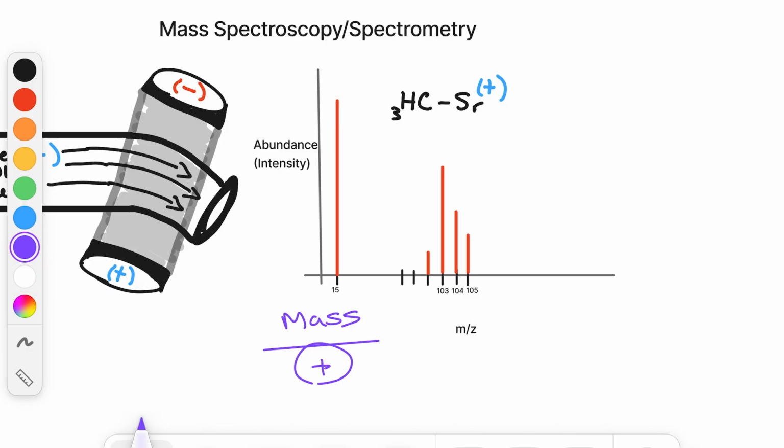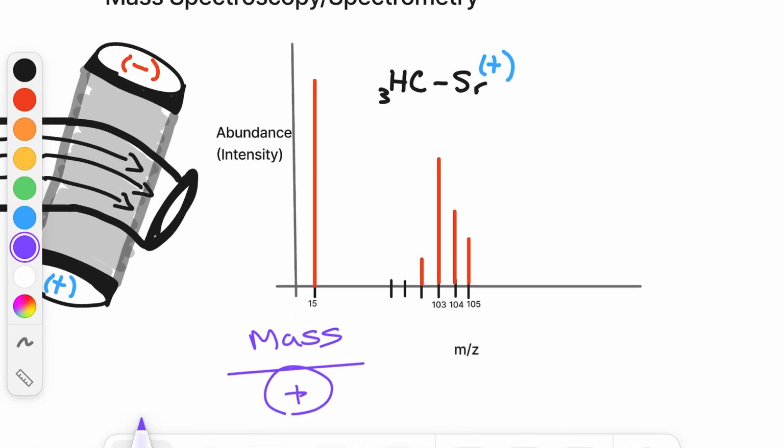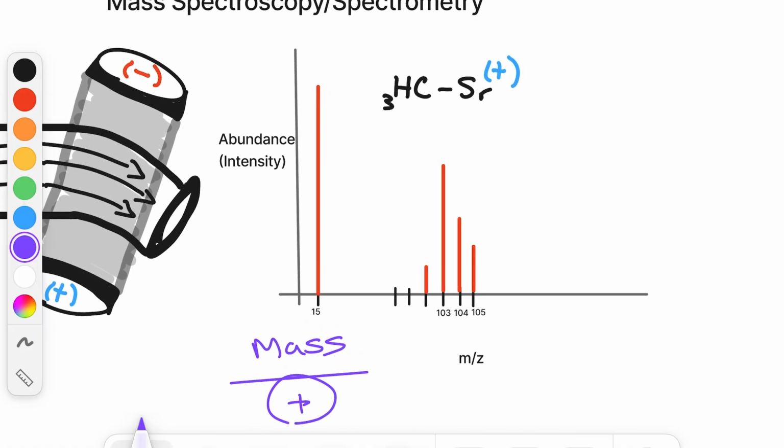Okay, so we have this example here of strontium attached to a carbon and 3 hydrogens. It has its positive charge. So its mass comes out to 103, and its charge, its Z, would just be 1. So the signal it's going to produce is going to be at 103 over 1, or just 103.